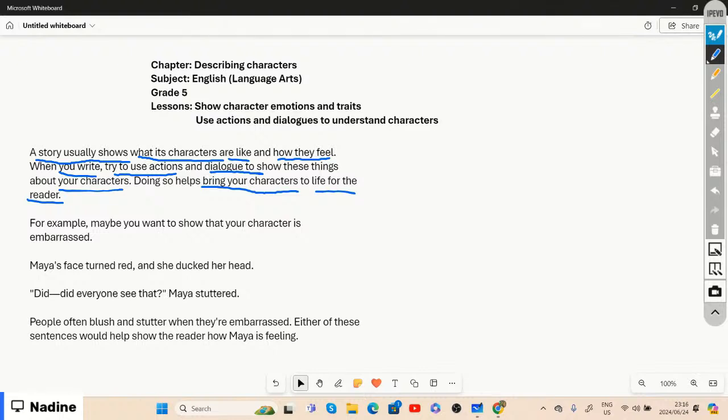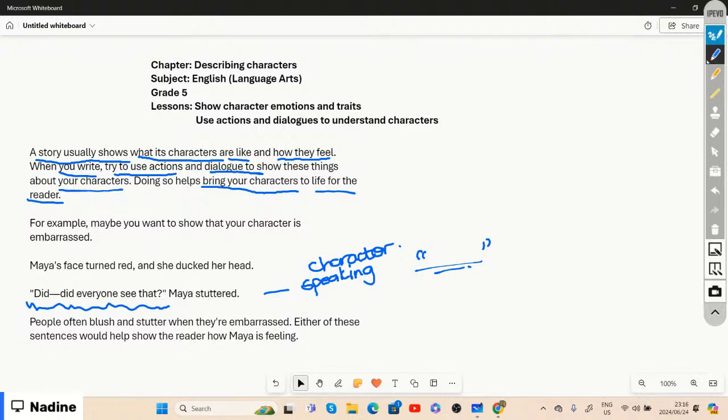No, this is now where Maya, or somebody specifically, is saying something. So, say, for example, we have a dialogue that looks something like this. Firstly, the inverted commas show that the person is directly saying something, so which means that the character is speaking or saying something, right? Because that is what the inverted commas show. Somebody is directly talking or directly saying something.